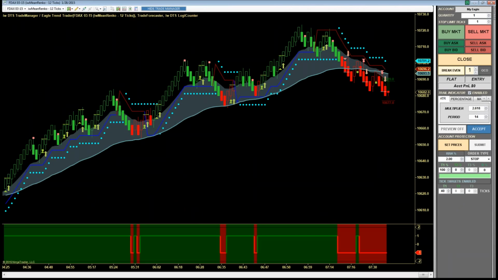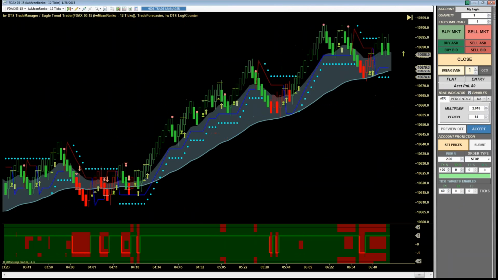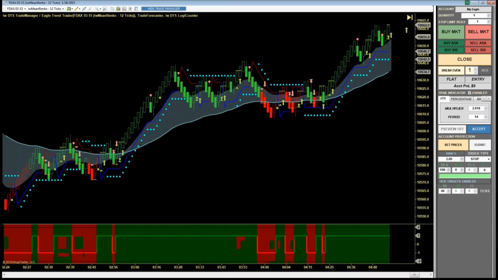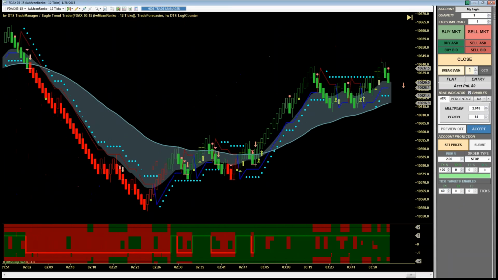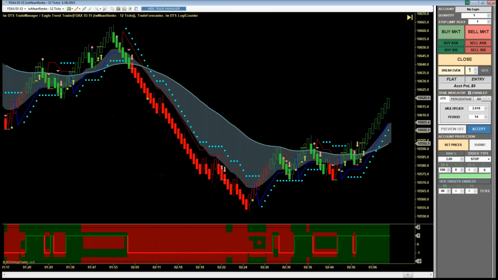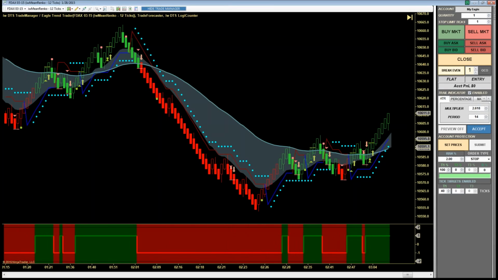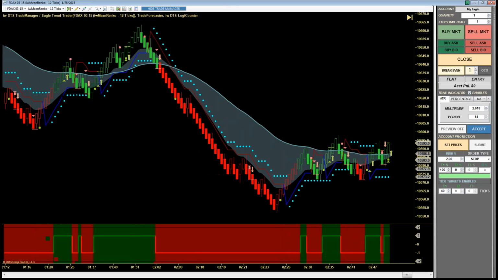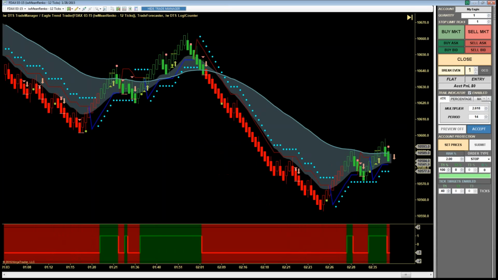All right, so it looks like the DAX had a fairly active session, a little bit on the quiet side now, but that would make sense. It's near closing time. Let's see what it did on the Eagle. And here too we had a monster move in the DAX.